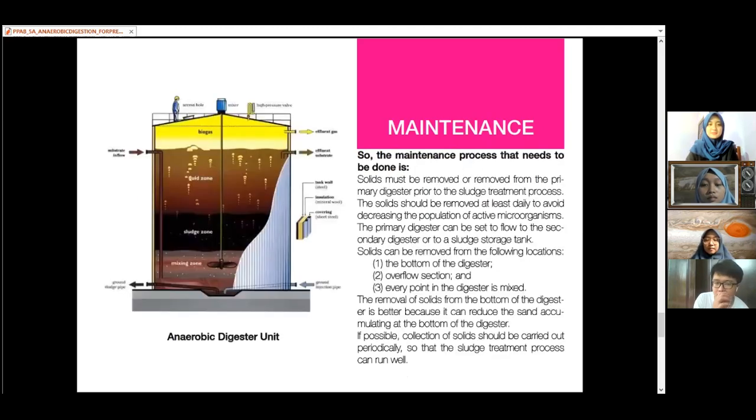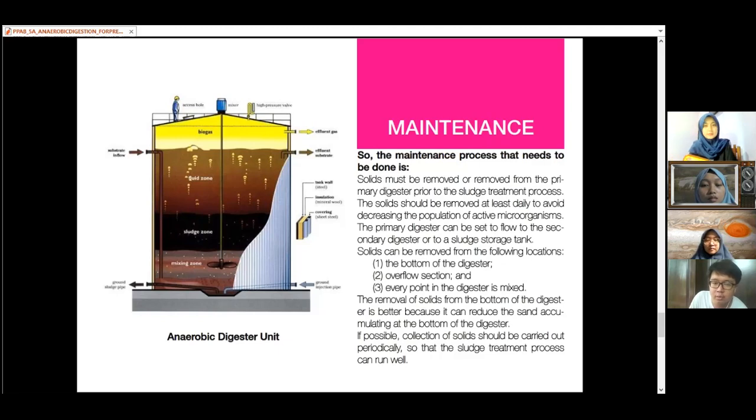After that, the maintenance process that needs to be done is that solids must be removed from the primary digester prior to the sludge treatment process. Then the solids should be removed at least daily to avoid decreasing the population of active microorganisms. And the primary digester can be set to flow to the secondary digester or to a sludge storage tank.